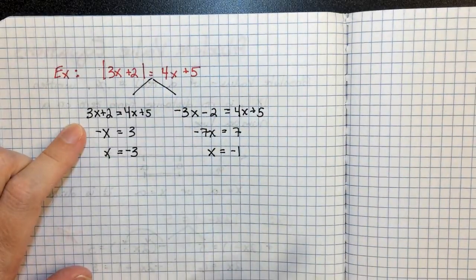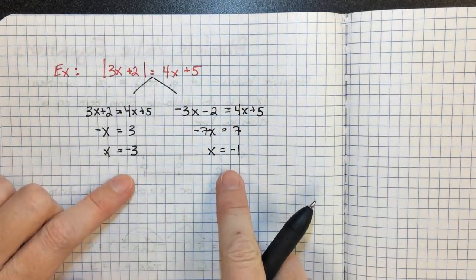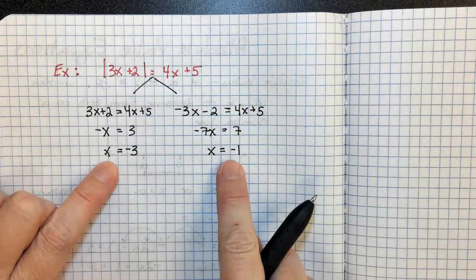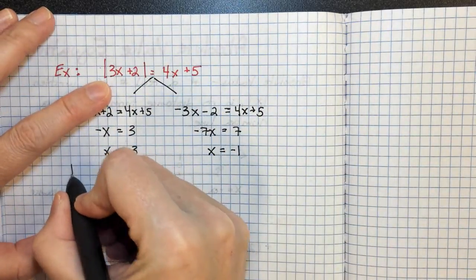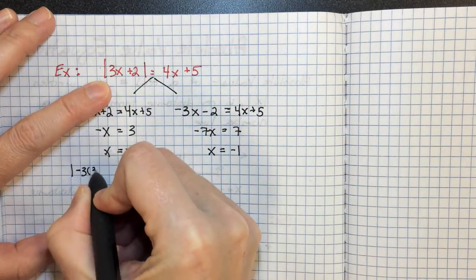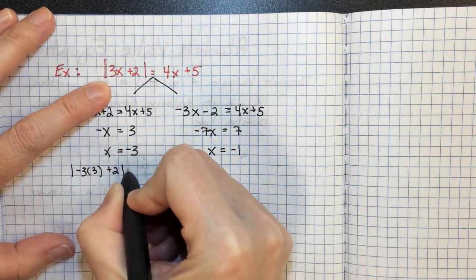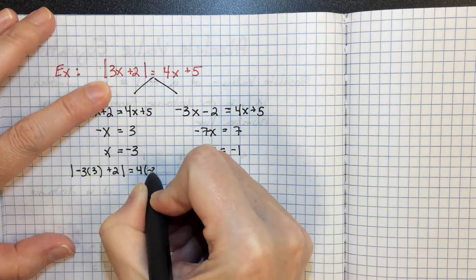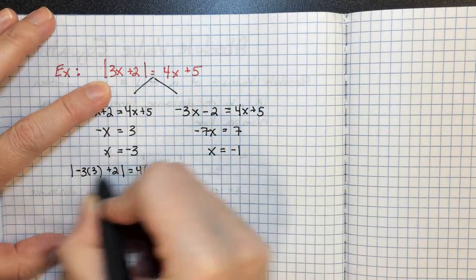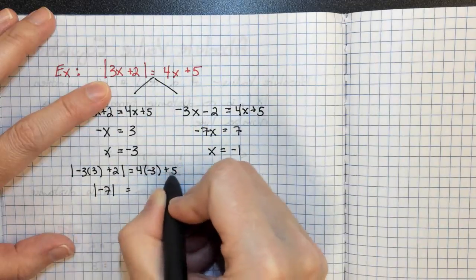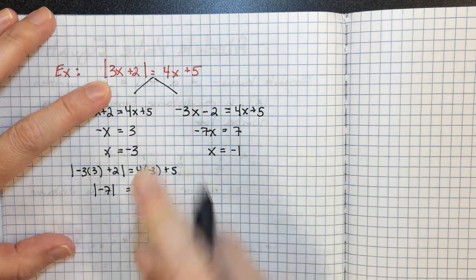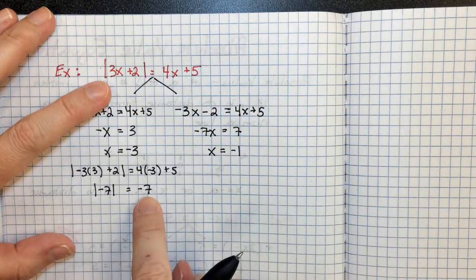All right, now what we're going to do is plug in to see if this works out. So I have the absolute value of negative 3 times 3 plus 2 equals 4 times negative 3 plus 5. Negative 9 plus 2 is negative 7. Negative 12 plus 5 is negative 7. And you look and you're like, hey, that looks good.